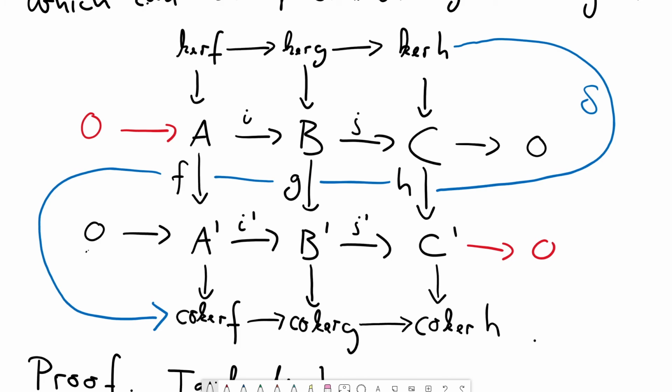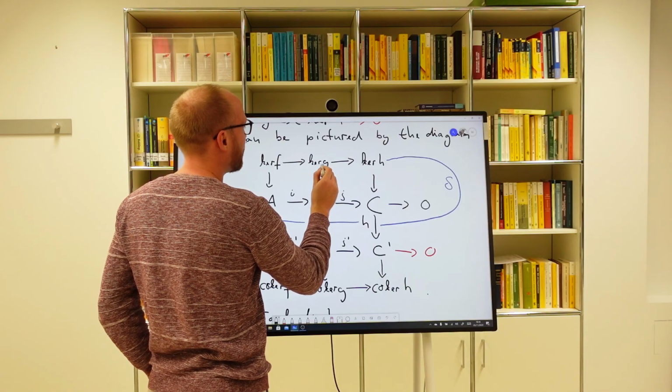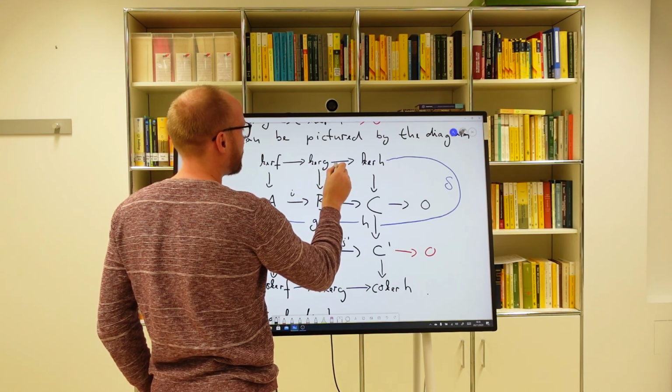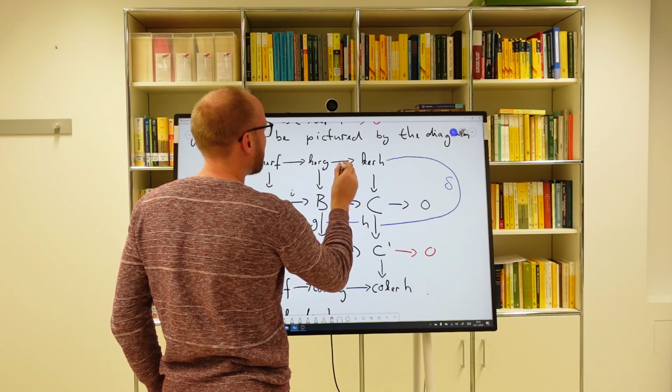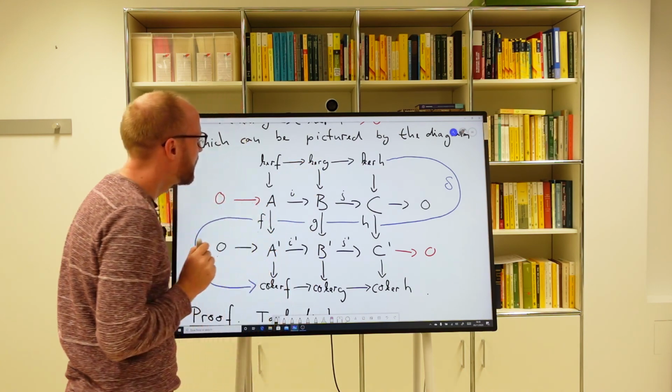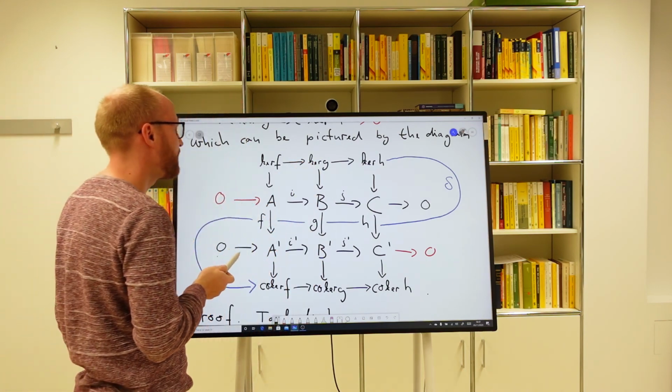Okay, so I want to show exactness at kernel G. So that means I have to show two inclusions. I have to show that the kernel of this homomorphism is contained in the image of this homomorphism and vice versa. And one of the two should be easier than the other.